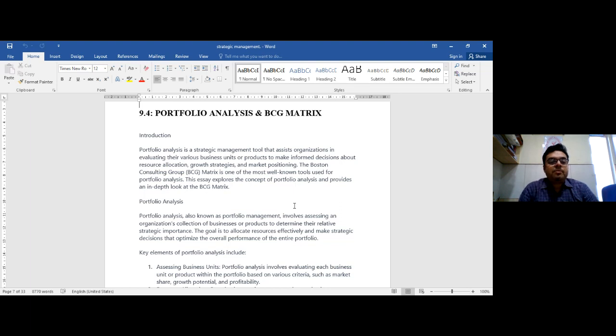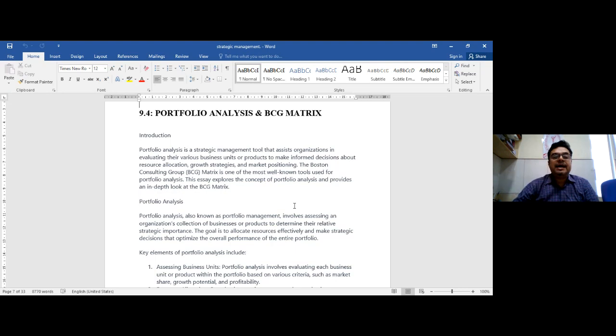They include resource allocation, analyzing the growth strategies, and finding out the market positioning. The BCG, or the Boston Consulting Group matrix, is one of the most well-known tools that are used for portfolio analysis and portfolio planning.